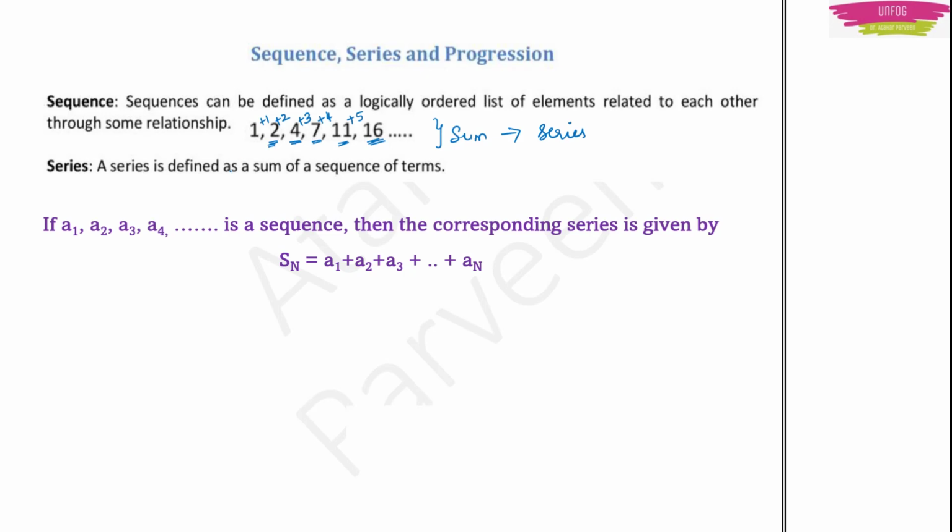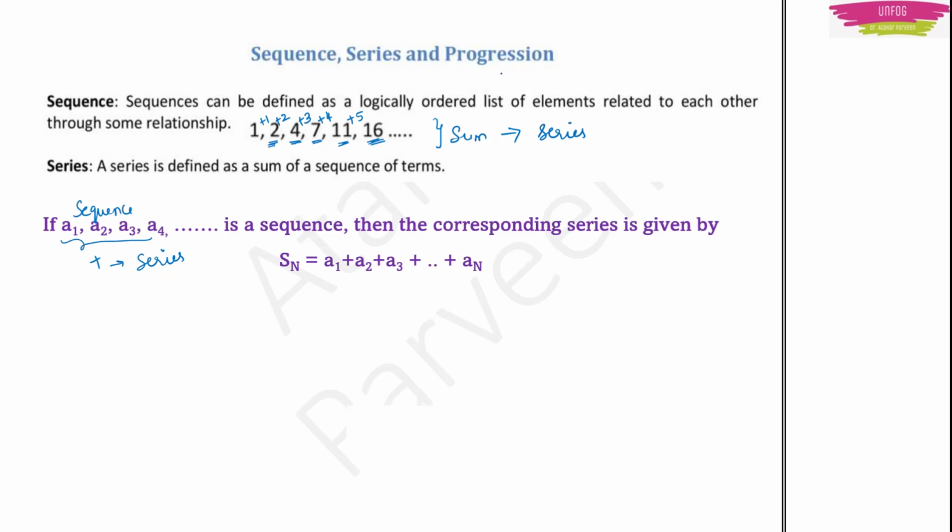Means you are adding these numbers A1, A2, A3, A4. So this is actually the sequence. If you add this, you will get the series. Okay, so this was about series and sequence.